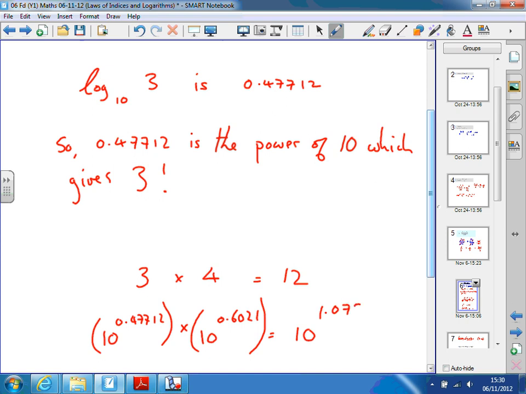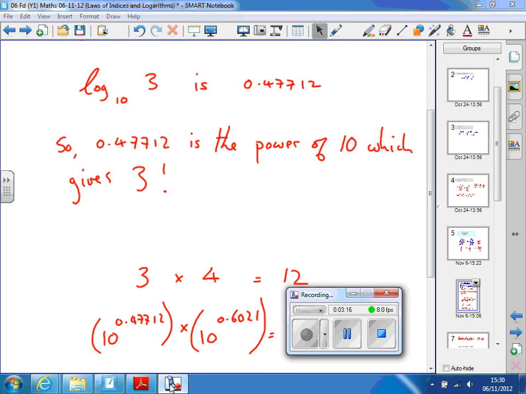Oh, 0.79. Okay. So in theory, that should be 12. So what is 10 to the power 1.07922? And hopefully you'll get roughly 12.